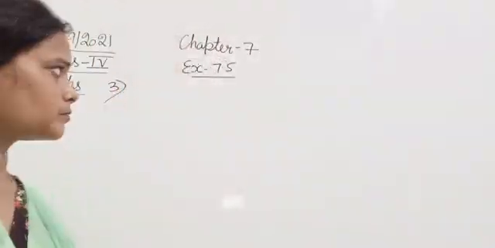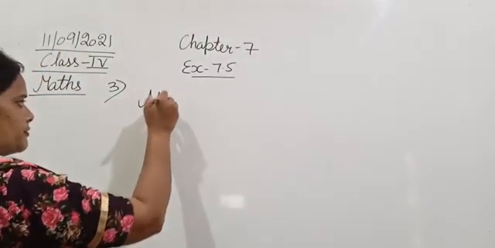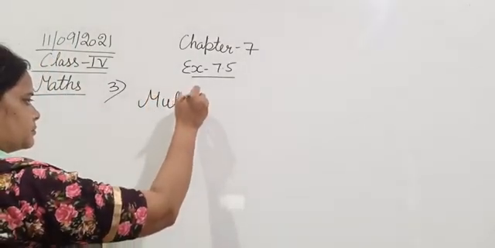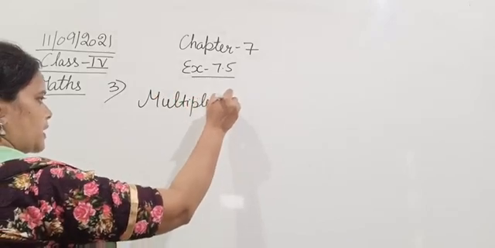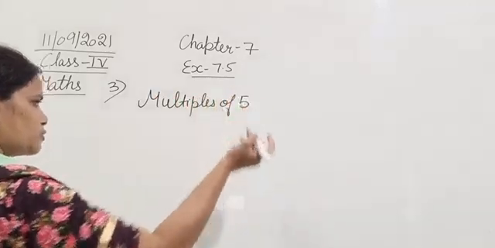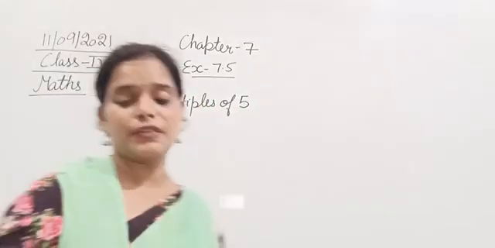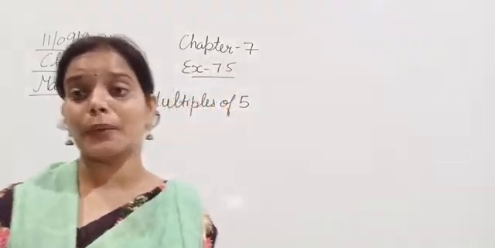ओके, multiples of 5. So देखिए 5 into 1 is 5, 5 2s are 10, 5 3s are 15. So 15 is greater than 12.